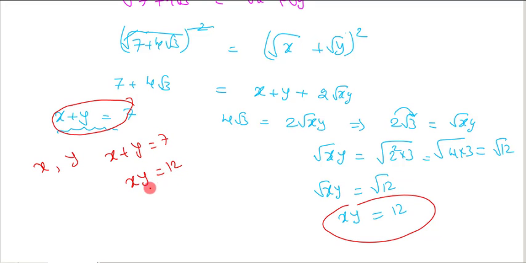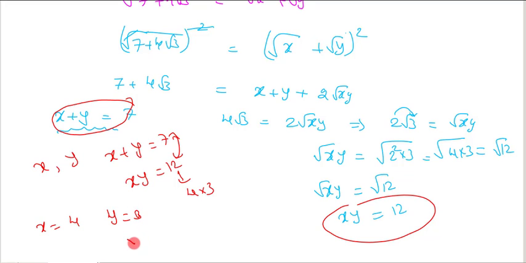So if you take two numbers whose sum is 7 and product is 12, we can take the factors of 12 as 4 into 3. So x is equal to 4 and y is equal to 3.